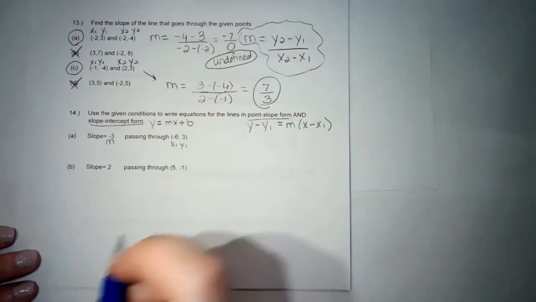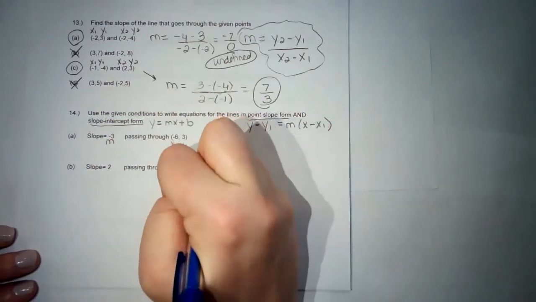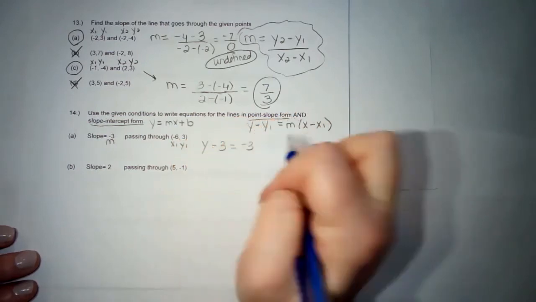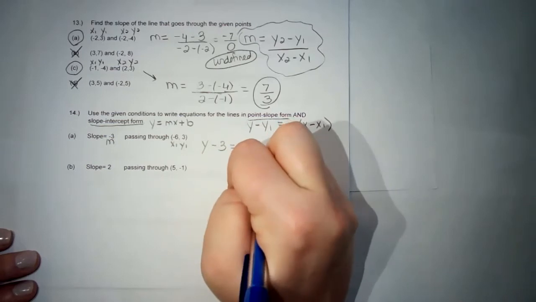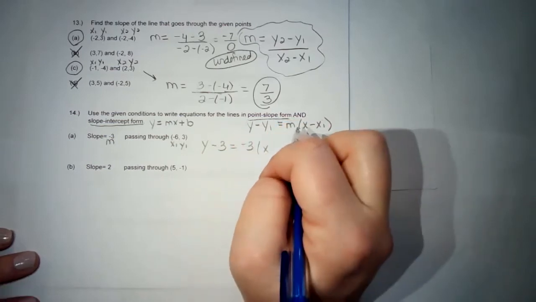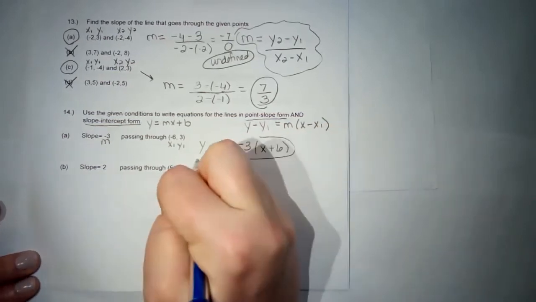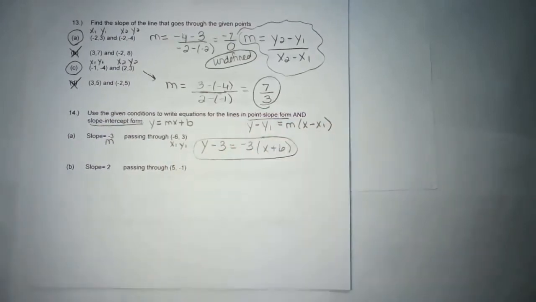So for point slope, all I'm going to do is plug it in. y minus y1 equals, there's my m, times x, now what's minus -6? +6. There's point slope. You did it. You don't want to distribute. You don't want to change it. You're good to go. Now for slope intercept, I do have to rearrange.